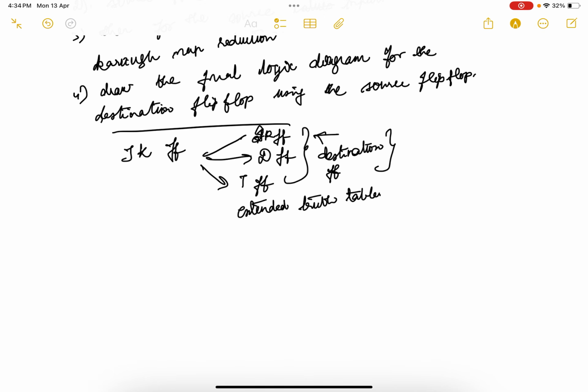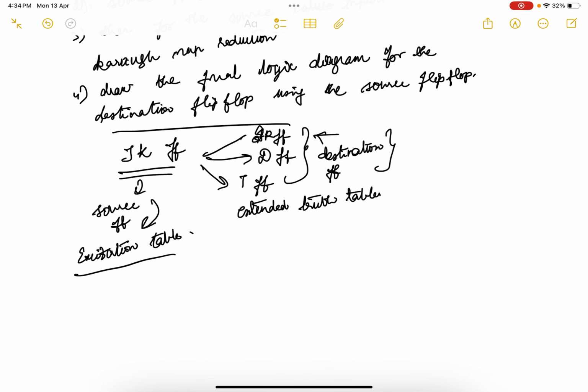And this JK is called the source flip-flop, so for this you want to know about your excitation table. If you remember both things easily, then it is easy to convert from JK to any other type of flip-flop.